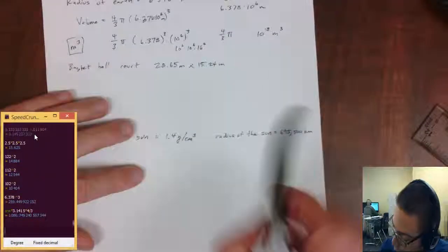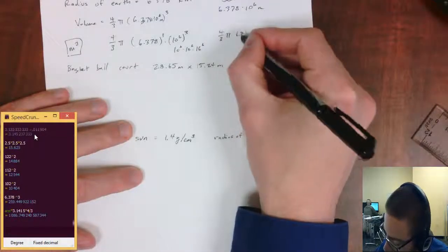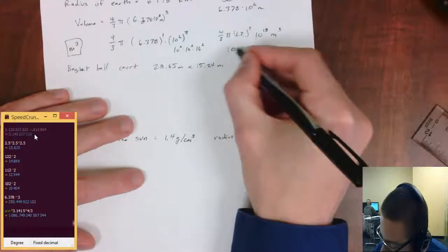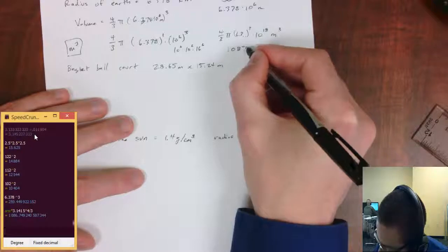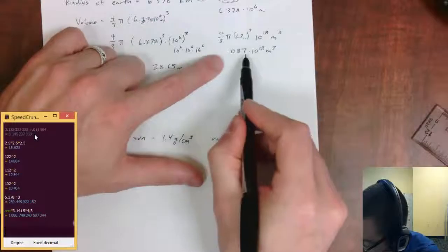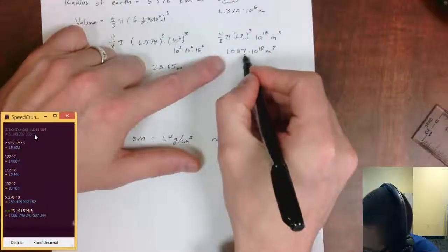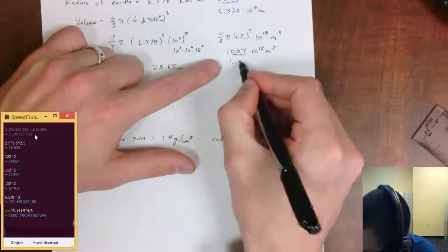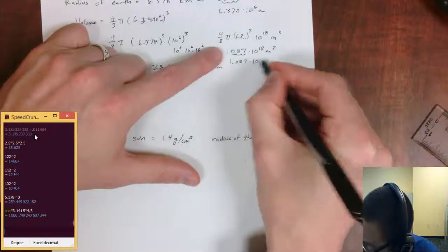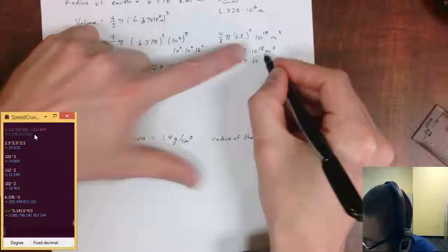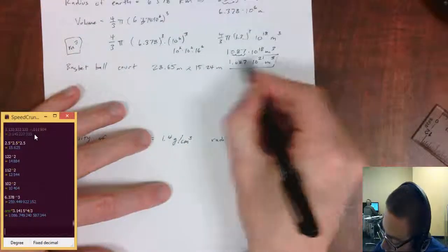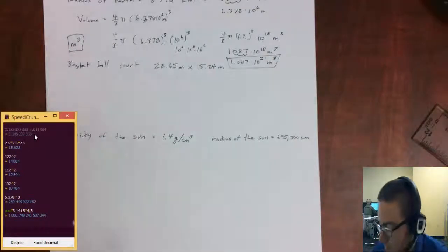So a total of 1,087 times 10 to the 18th meters cubed. And I want to make this in scientific notation, so I need to move it over 3 more spots to get 1.087. And since I moved over 3 spots, I add 3 more to that. So 3 plus 18 would be 21 meters cubed. All right, so that is the volume of the Earth in meters cubed.